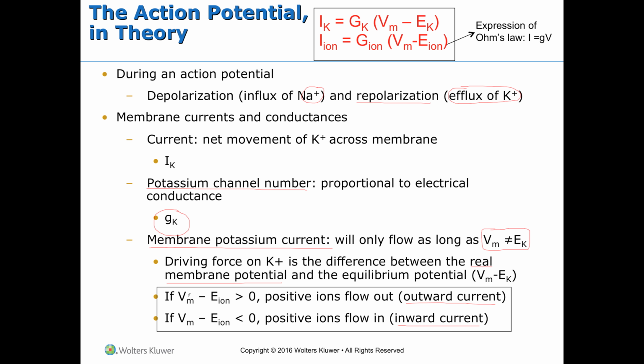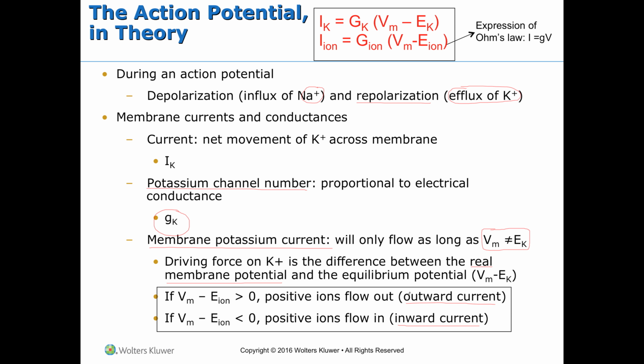If the membrane potential minus the equilibrium potential is greater than 0, positive ions flow out. In the case of potassium, let's say the membrane potential for a given neuron is negative 65 millivolts. Now, we subtract the equilibrium potential for potassium, which is roughly minus 80 millivolts.